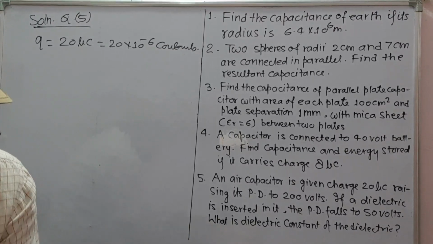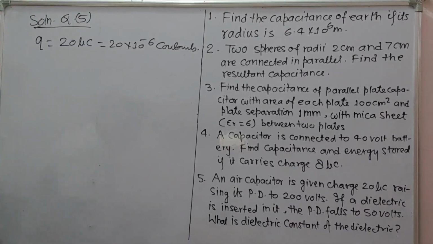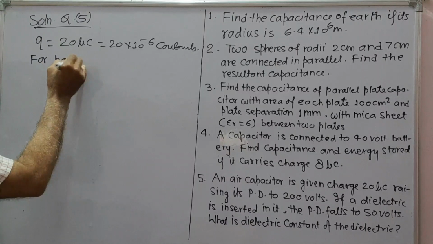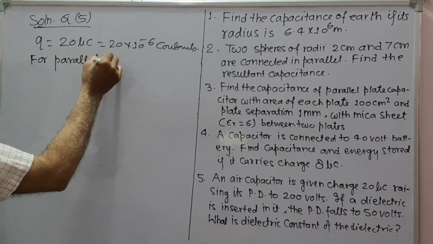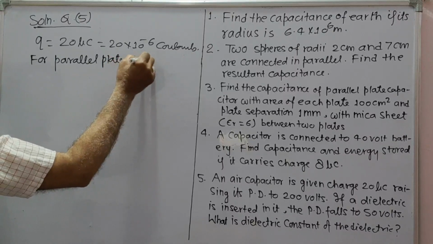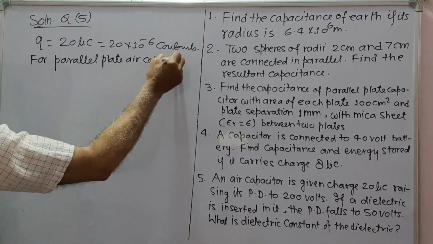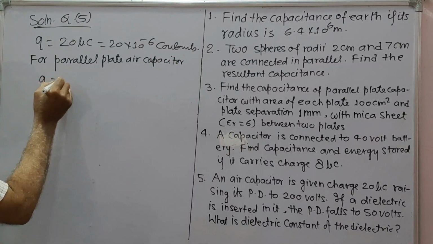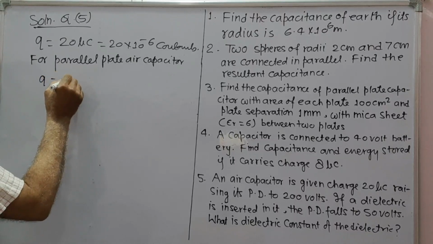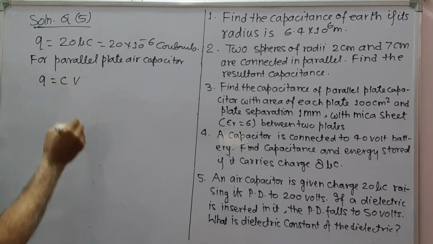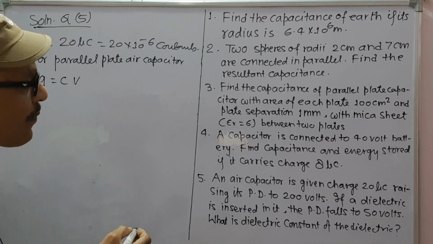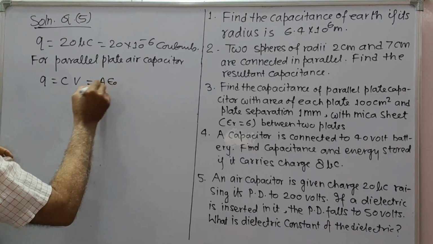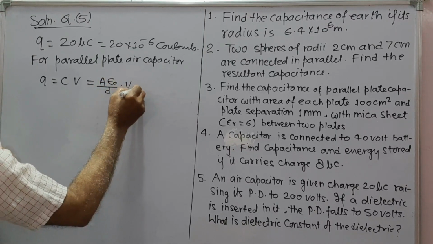For a parallel plate air capacitor, Q will be equal to C into V. This is A epsilon naught upon d into V, equation 1.